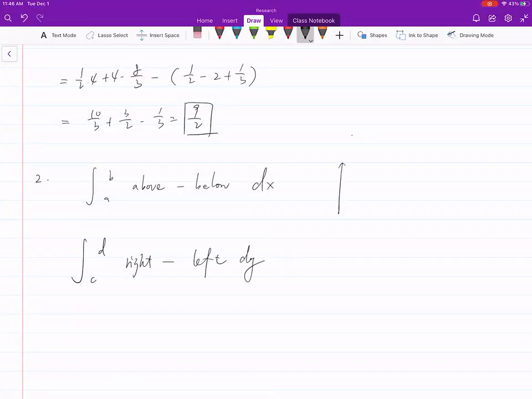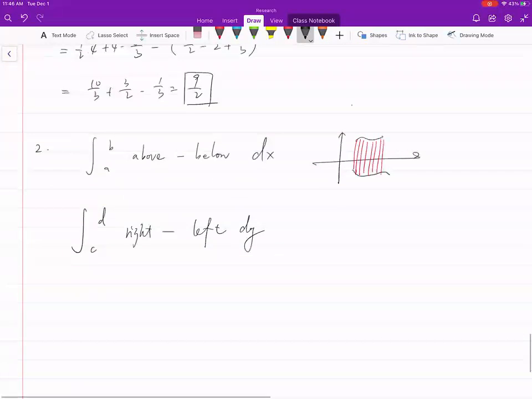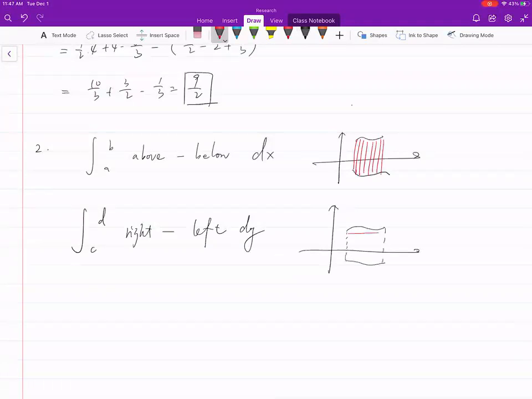The first one is based on cutting everything and summing all the rectangles together. The second one is based on the fact you still have the same shape, but this time you cut them horizontally and sum all these rectangles together. Sometimes one way is easier than the other, like the example we just showed.